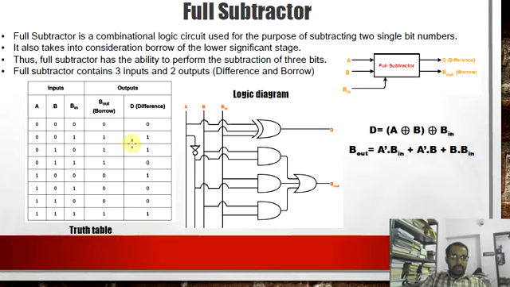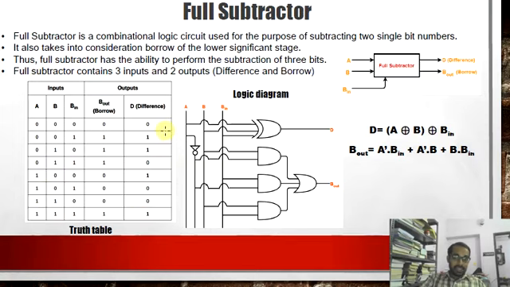So based on this combination, we need to find out the logic diagram for this full subtractor. You can see that the difference is 1 only when there is an odd number of ones at the inputs, so either 1 or 3 ones at the inputs.